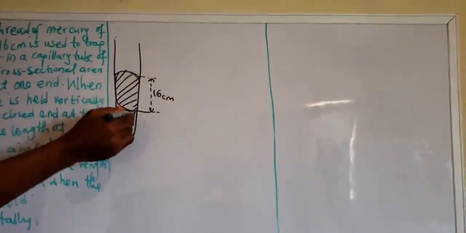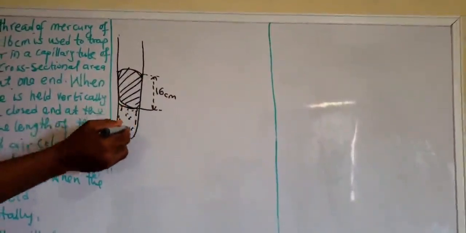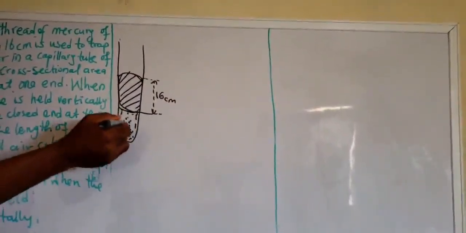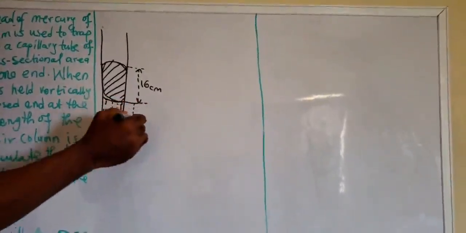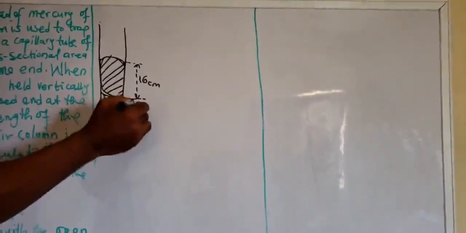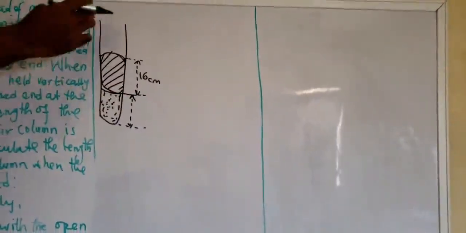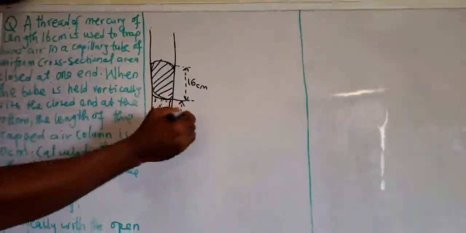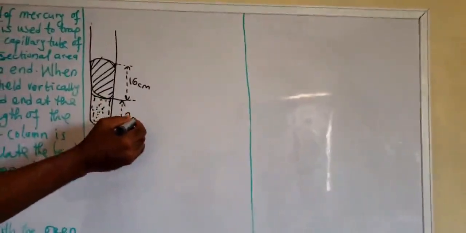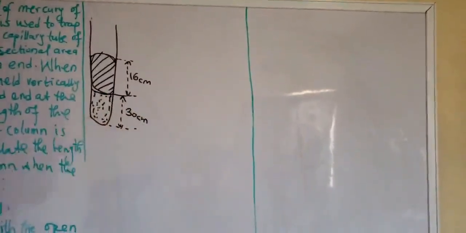Now look at the air, which is gas, trapped here. And we are told that the length of the air trapped by the mercury column, when the tube is vertical with the closed end down, which I've drawn so far, the length of the gas column is this.